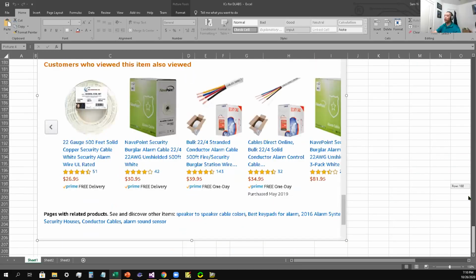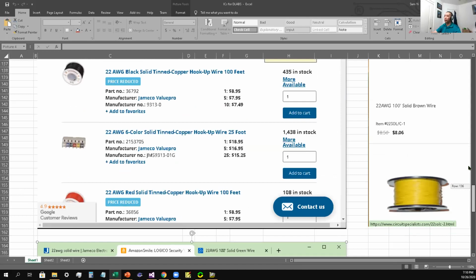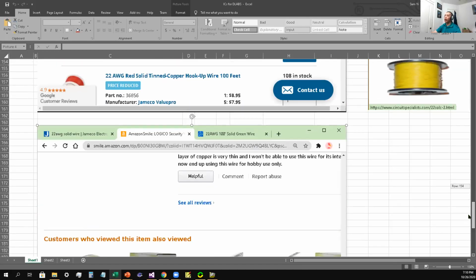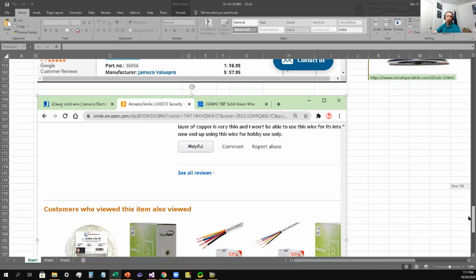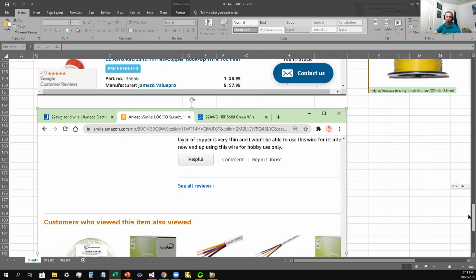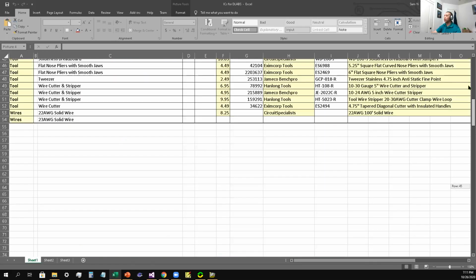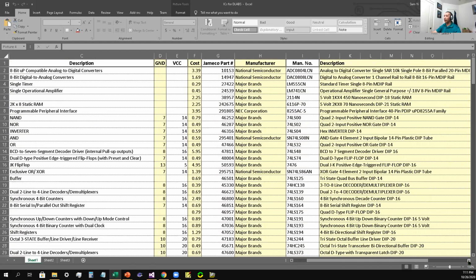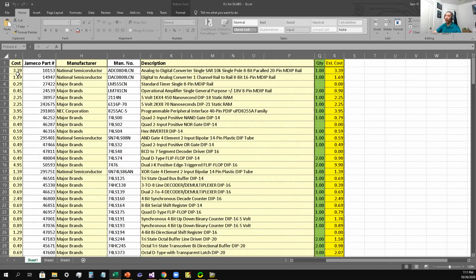Okay, so those are the places I found: Jameco, Circuit Specialists, and Amazon. You can also find them on eBay if you do some research. Like I said, this is my own personal list that I compiled just for myself, and this was the pricing back in 2018, before COVID.